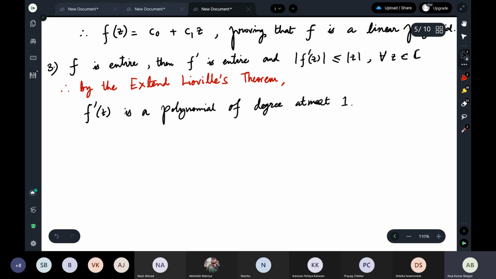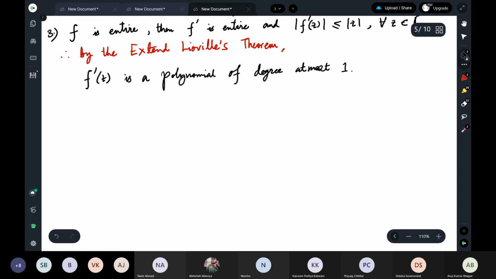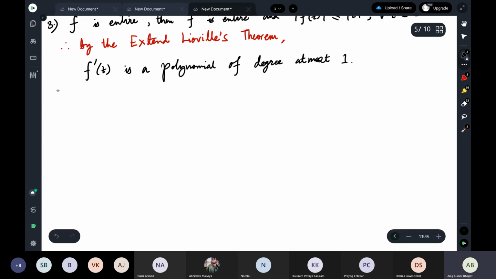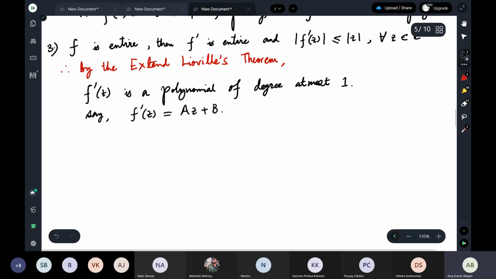Okay, so now you can just write one more line. Say f prime z is this function az plus b. If a is 0, it will become a constant function, and if a is non-zero, it will become linear. So that is what we mean by degree at most 1.